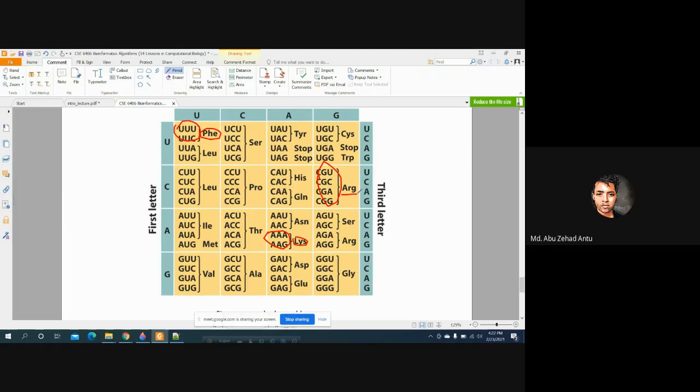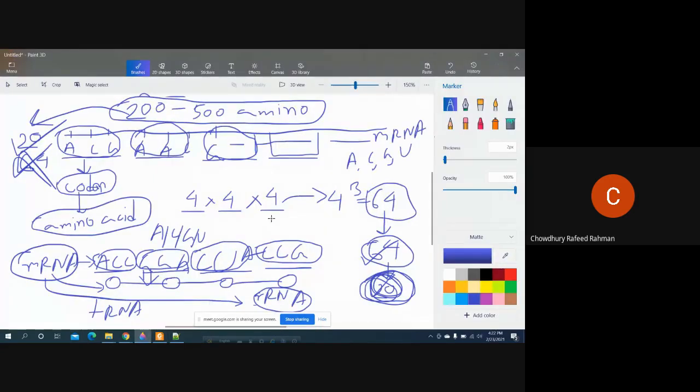Yes, sir. So what is this mapping known as? I mean, if I ask you this question, from codon to amino acid, what is this mapping called? Many to one, or one to one?